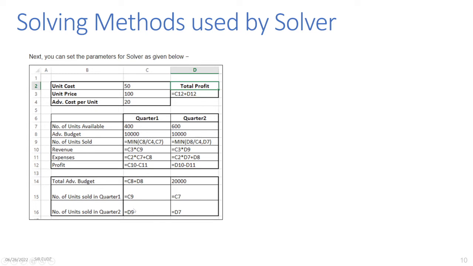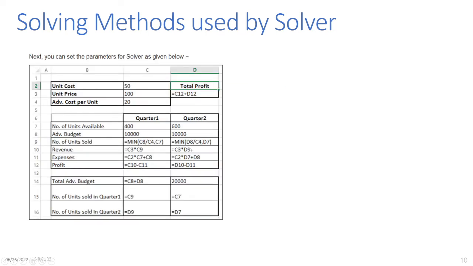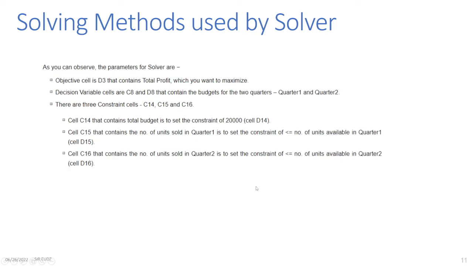And the same for the second quarter: the number of units sold should not be higher than the number of units available, at cells C15 and C16. That's why we place here the total units available, and this is the total budget available. So these are the constraints.